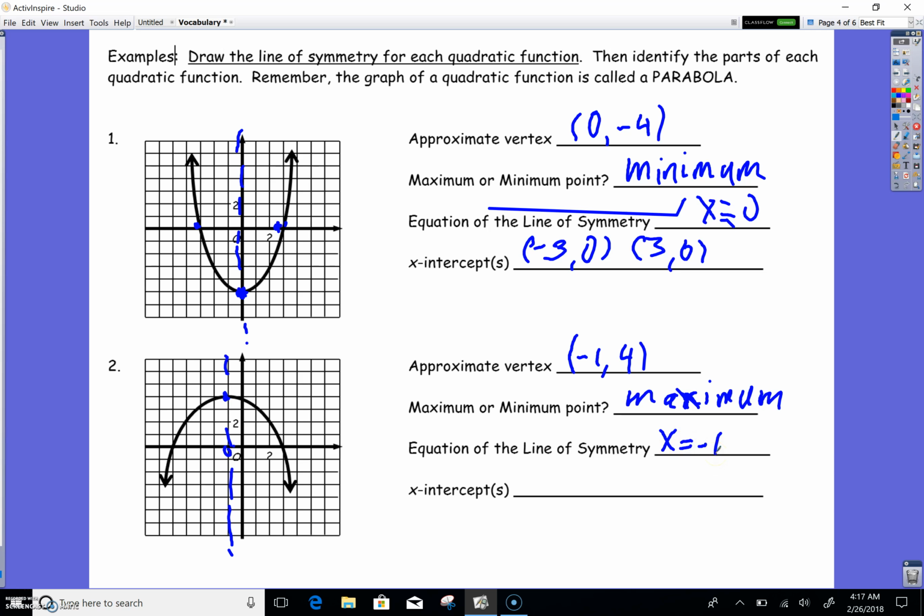The x-intercepts here, it's 1, 2, 3, 4, 5. So it's -5, 0, and 3, 0.